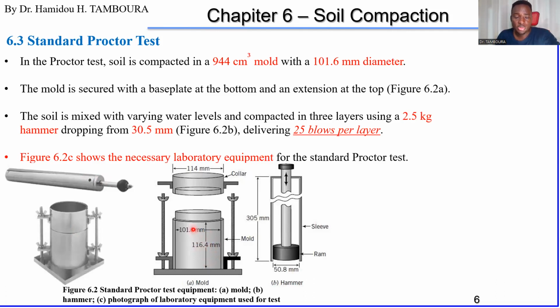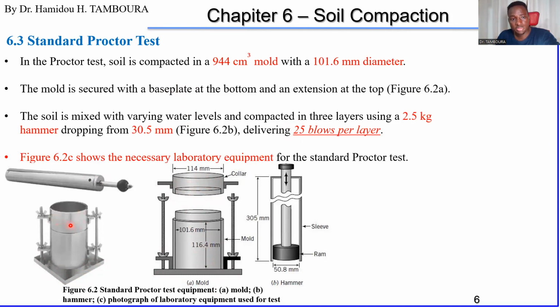So you can calculate the volume if you want. Okay, so this is the base plate at the bottom. Okay, which is here also in the photo, on the photo, and this is extension just for safety, so that the soil will not drop anyhow.